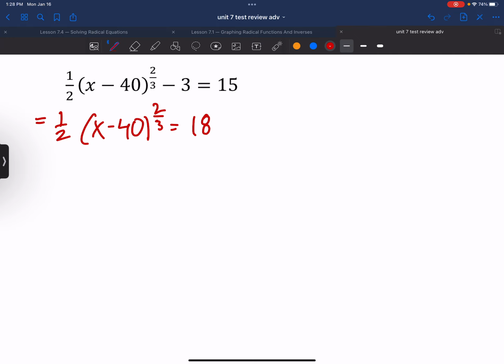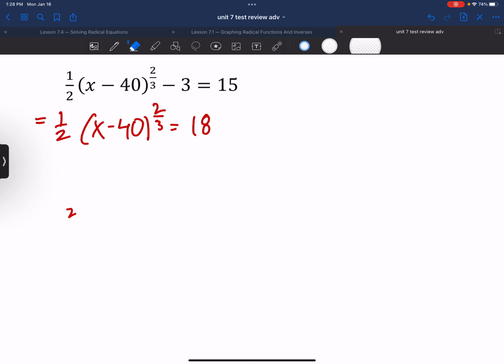It's just that if you did, you'd have to make sure you put 1/2 to the power of 3/2. Just move it over and make your life a little bit easier. Just do this and say that 18 times 2 is 36. Trust me, it makes it much easier if you just completely isolate that.